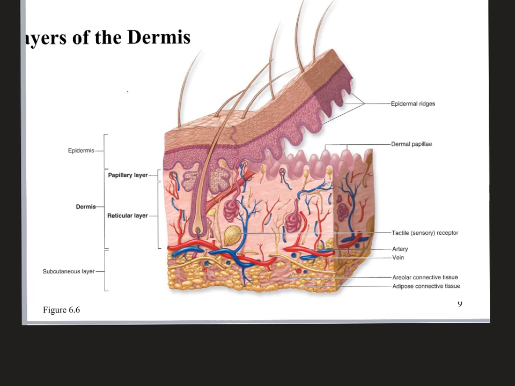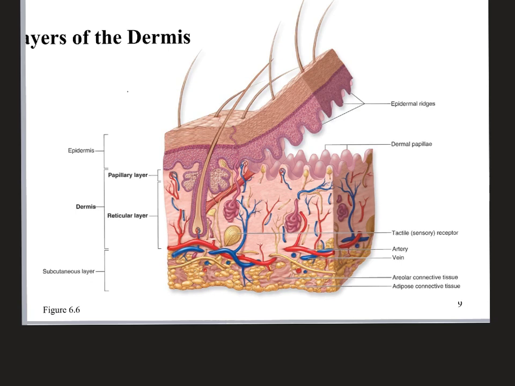Here's another picture from your textbook. Papillary layer, reticular layer. The reticular layer is mainly dense irregular connective tissue. Here's the dermis. Here are your little extensions, your dermal papillae, and you have a number of different structures in the dermis: hair follicles, sweat glands, erector pili muscles.